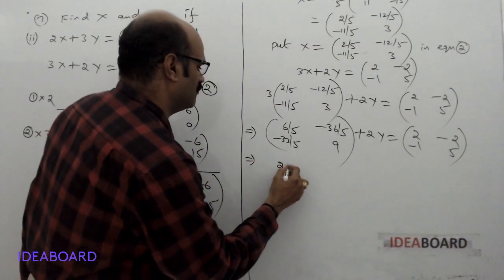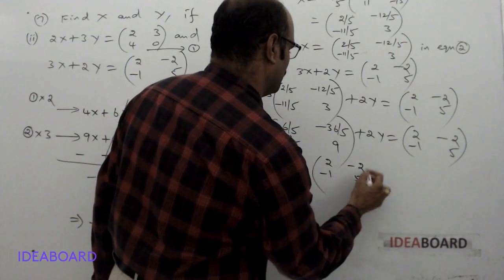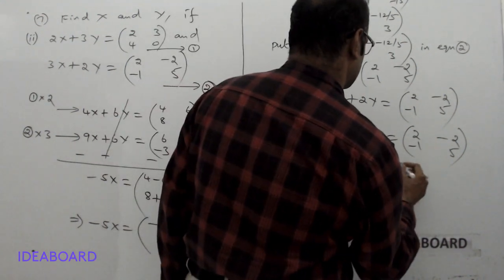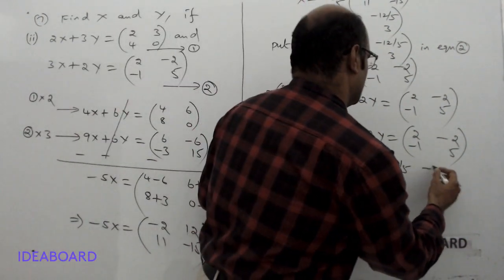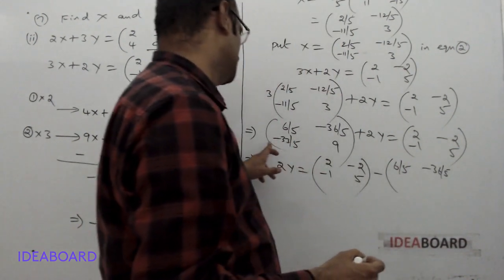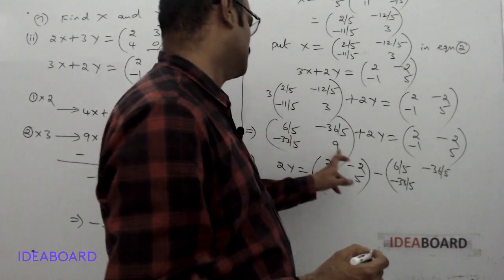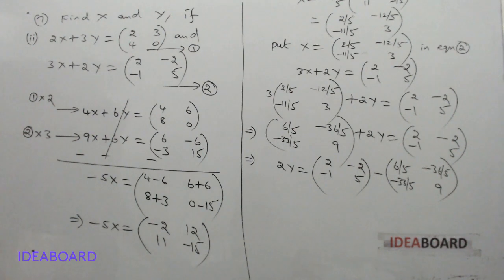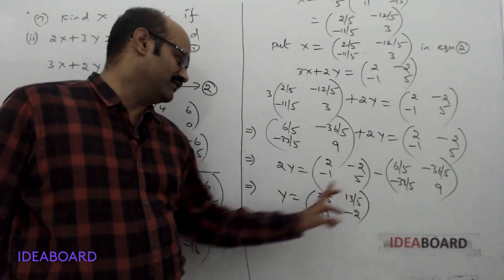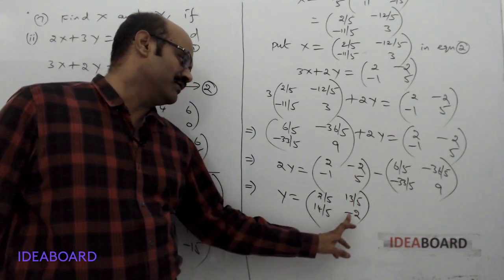It implies 2y equal to we are getting 2, minus 2, minus 1, 5 minus 6 by 5, minus 36 by 5, minus 33 by 5, 9. After simplification, we get the matrix y equal to 2 by 5, 13 by 5, 14 by 5, minus 2.